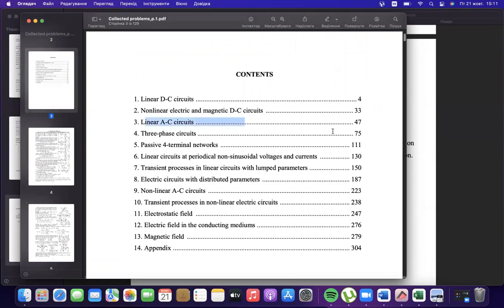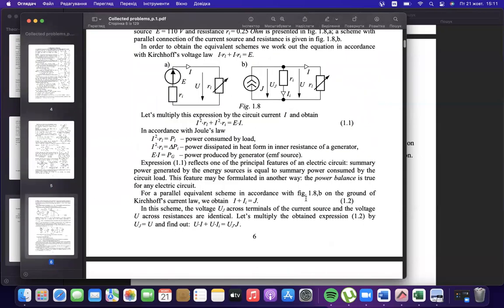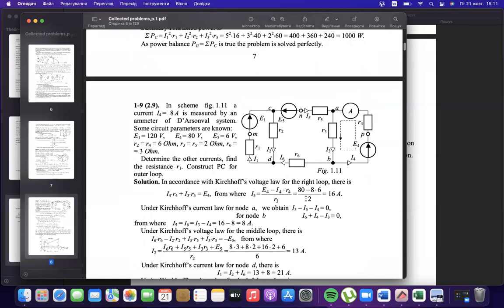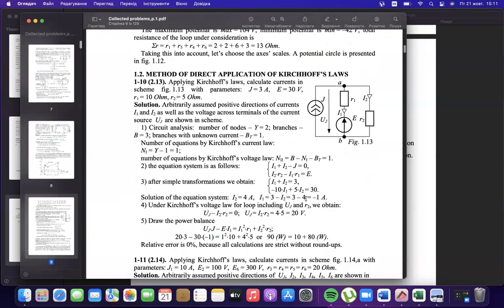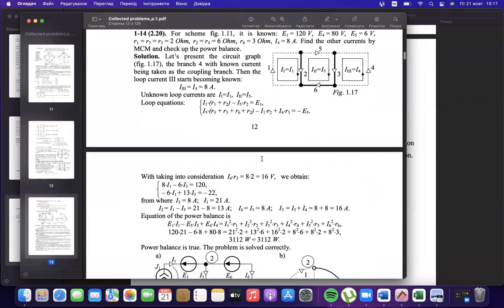some moment about practicing the mesh current method, I think with linear DC circuits. Let's choose some task, using Kirchhoff's law, the method of application of Kirchhoff's law.